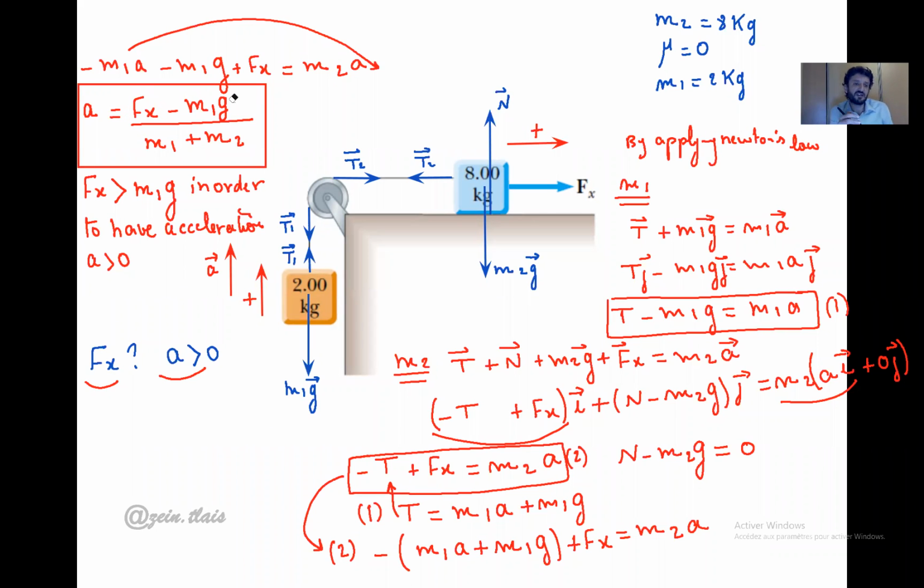For this reason, we have many values of fx. All the values greater than m1g give us a positive value of a. Okay, here m1g: m1 equals 2, g equals 10, so fx must be greater than 20 Newton.